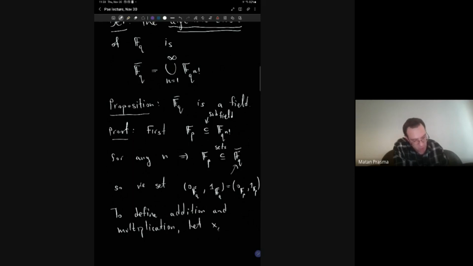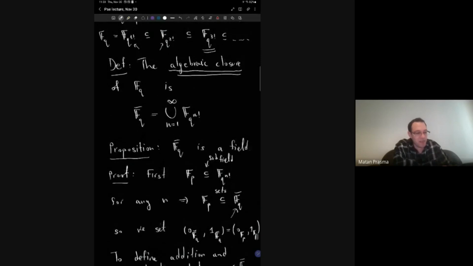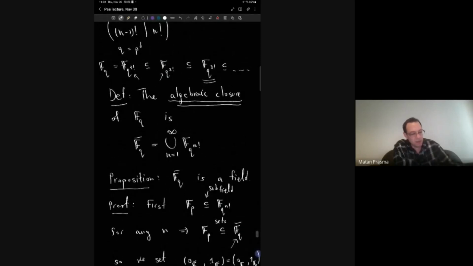To define addition and multiplication, let x and y be two elements in F_q bar. If I have an element in the union, it must belong to some finite piece, right?